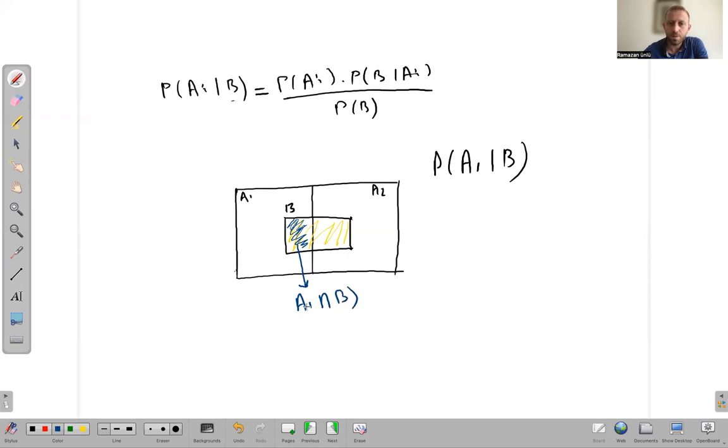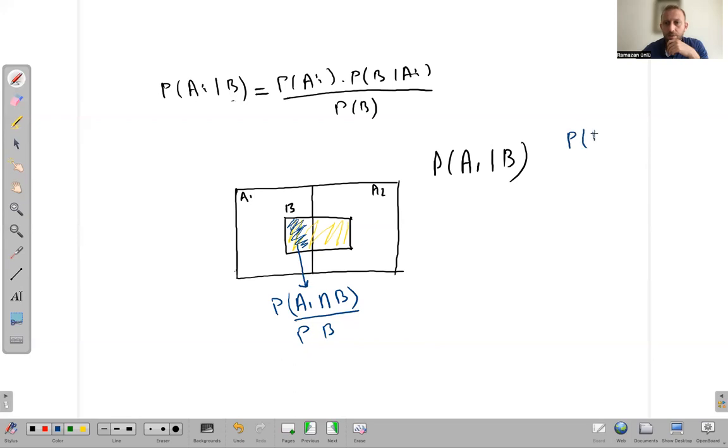Keep this information in your mind. And what's the whole region? It's B. So this is actually what I'm asked. Let's write this in another way by using the definition of conditional probability.